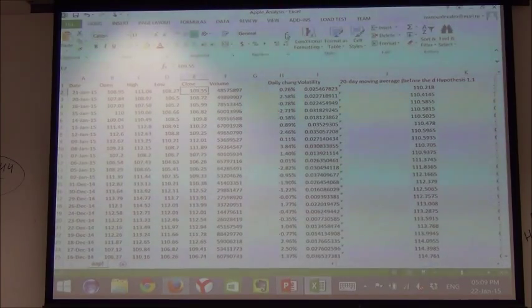If you have the same spreadsheet, you can see all formulas inside the spreadsheet. This is the daily change. We can calculate it as a change from close price to the previous close price, or as open price versus the previous open price. But here we calculate it as the difference between close prices.